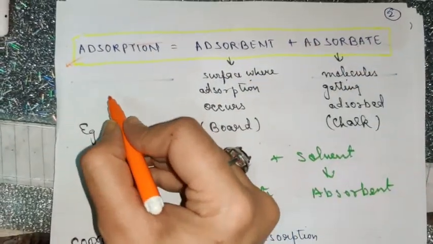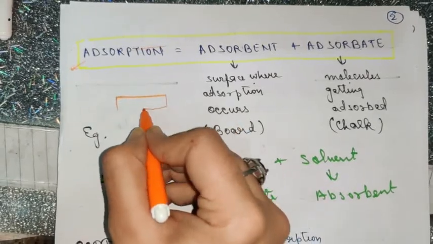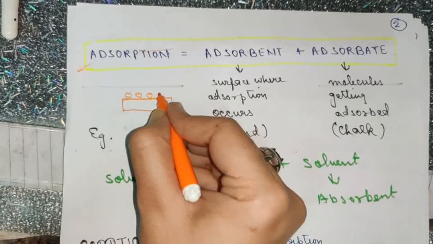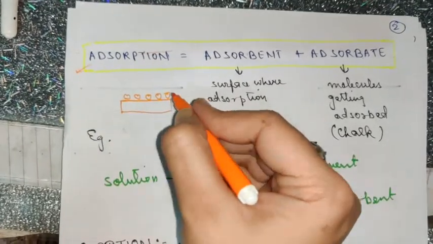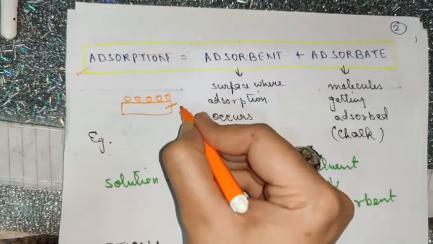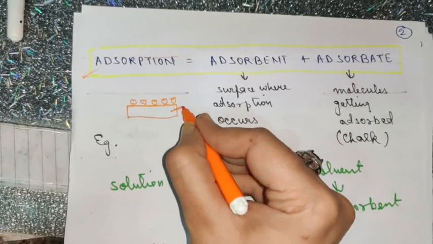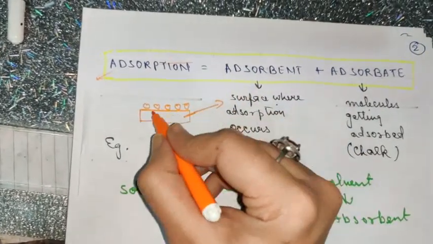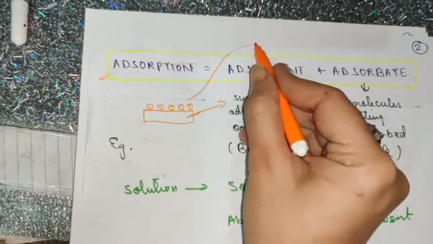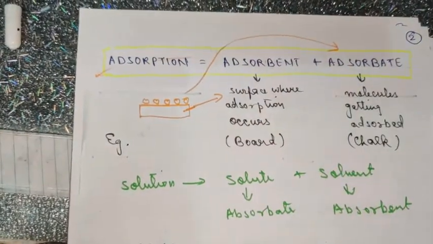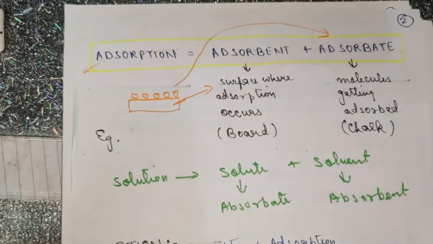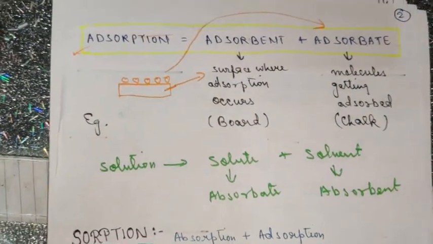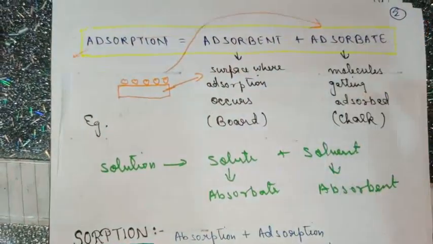Suppose you have a surface like this, and over it are the molecules attached. This corresponds to the adsorbent, and these molecules which are attached over the surface correspond to the adsorbate. I hope the two terms are clear to you because they will be used frequently in this chapter. So please be clear with these two terms.